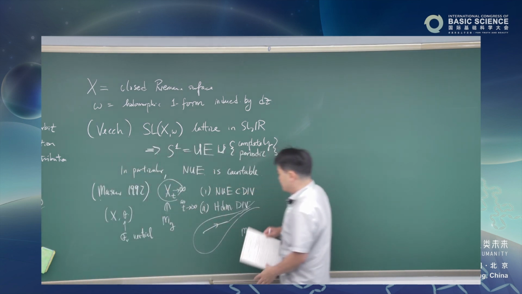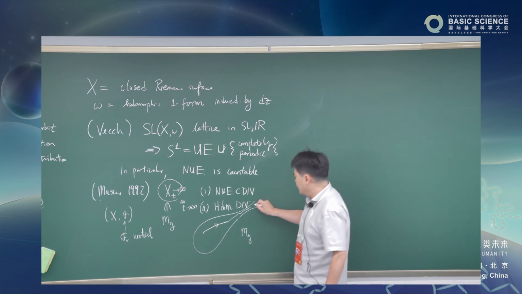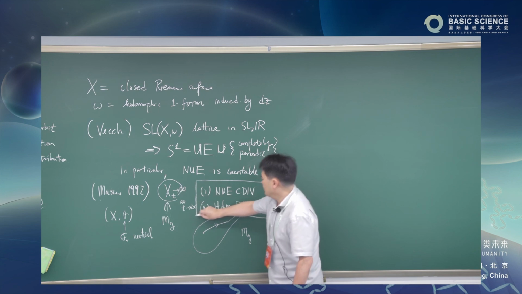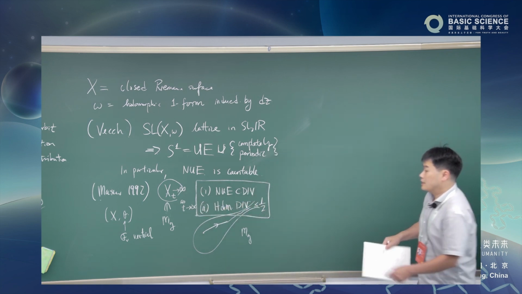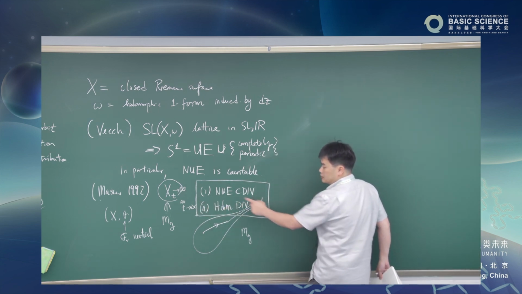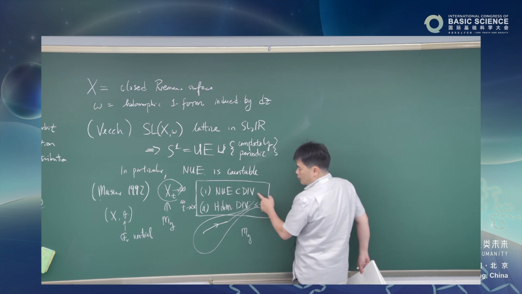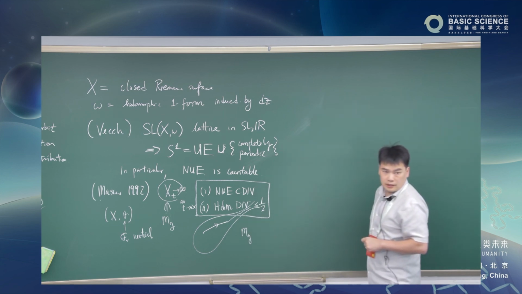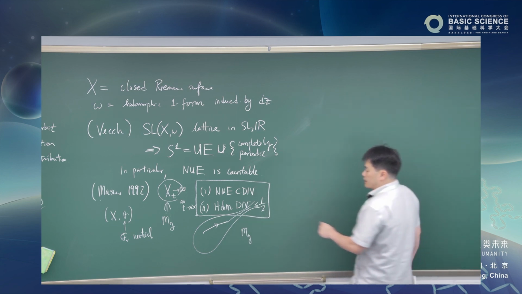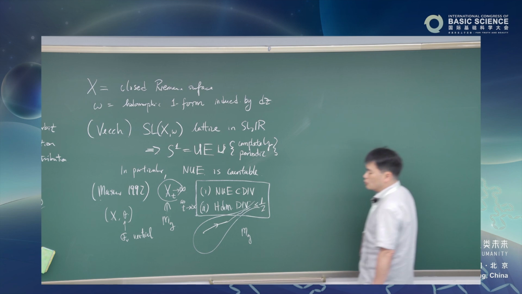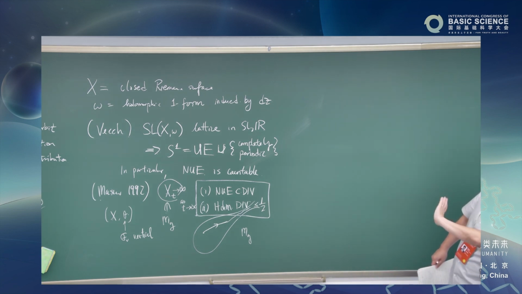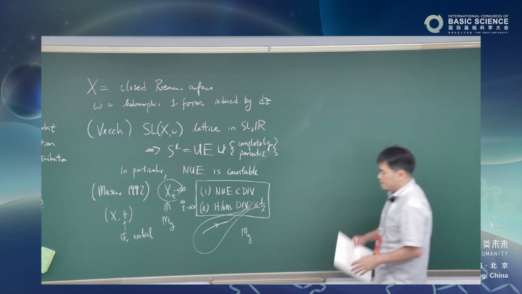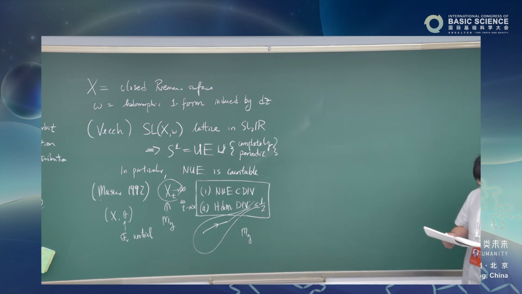And what Masur's result says is that the Hausdorff dimension is at most 1/2. So these non-uniquely ergodic directions always determine a divergent trajectory in the moduli space, and the Hausdorff dimension of those trajectories, as you rotate the surface, cannot exceed 1/2.